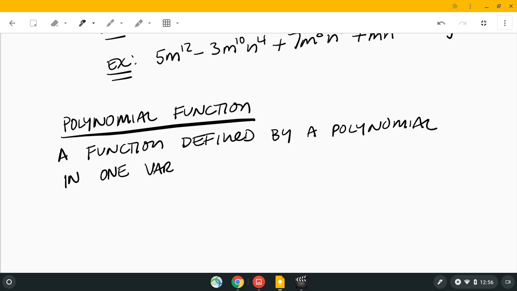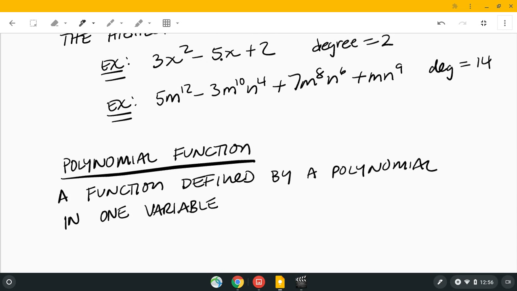So we looked at some examples here where you had polynomials with 2 variables, like this one up here. So that wouldn't be a polynomial function. That's a polynomial, but it's not a polynomial function. So it's a polynomial in one variable. So like this one.